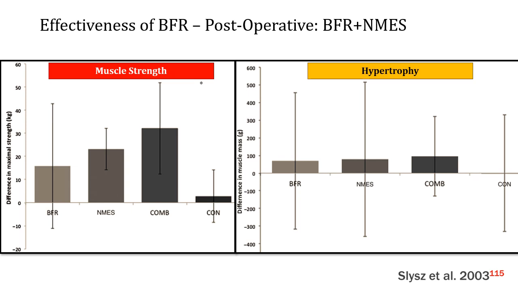But from a muscle strength and muscle performance standpoint, I think it really does give a decent amount of credence to the combination of these modalities. And I have yet to see something of this nature in the upper extremity. So I think there's untapped potential to take this science and apply it to the upper extremity individual with BFR.